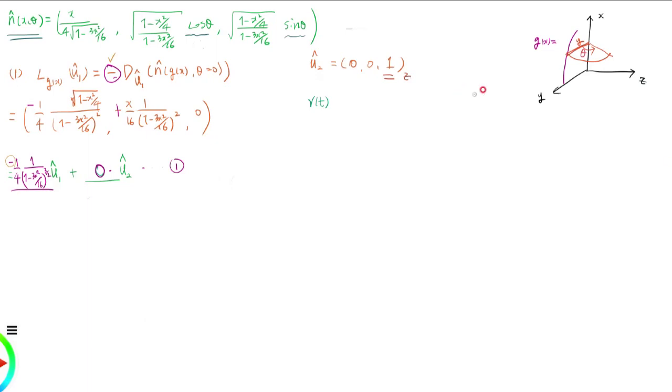And as you know, the g of x has a y coordinate, which is square root of 1 minus x squared over 4. So its radius will be this one. And then the unit speed curve will move along this line. So it does not change its x coordinate, but it does change the value of theta.